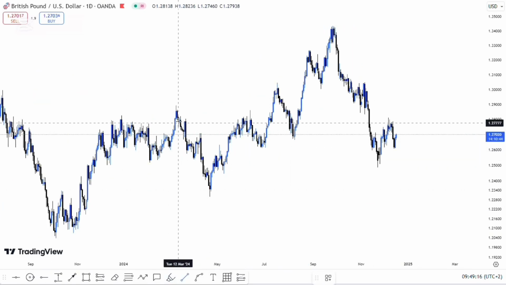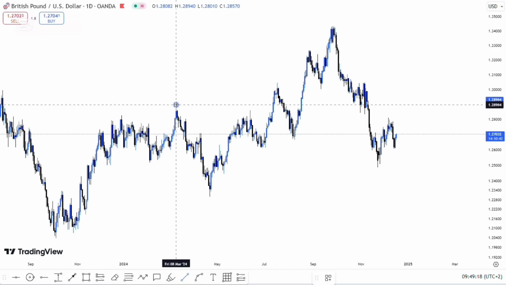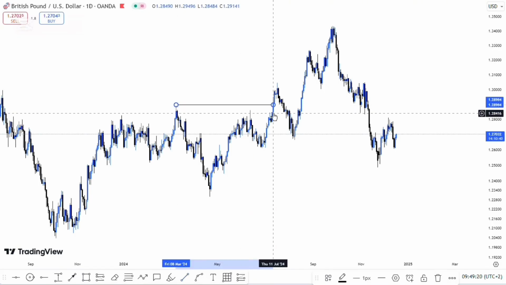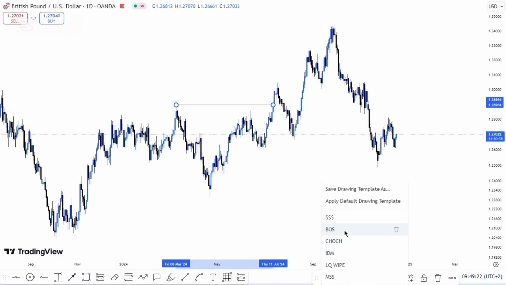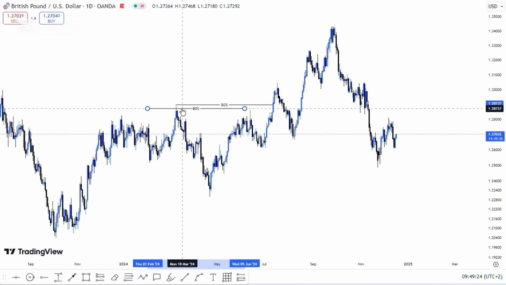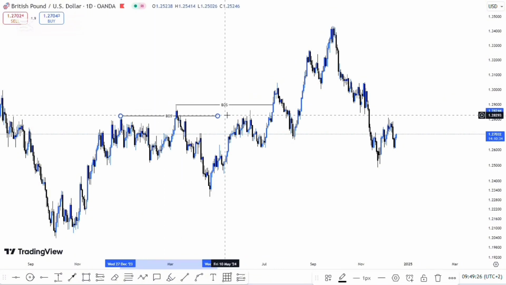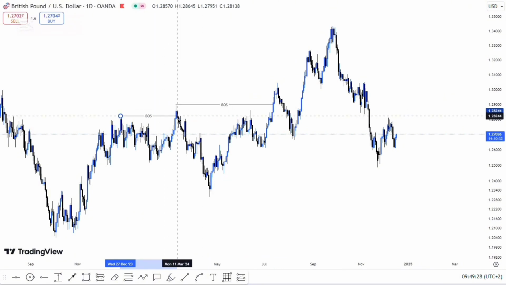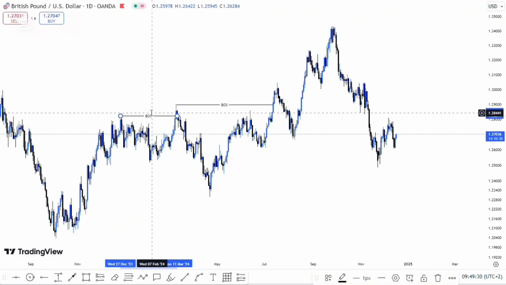As you can see, GBPUSD has been bullish. As you can see, considering this break of structure to the upside, this break of structure shows us that the market is bullish.